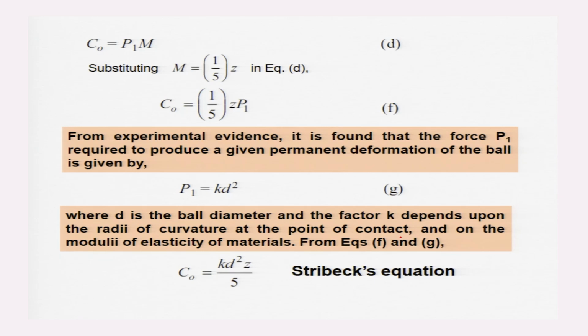From equations F and G, we have C0 given by K d square Z divided by 5. This gives the static load carrying capacity of the bearing, and that is also called the Stribeck equation.